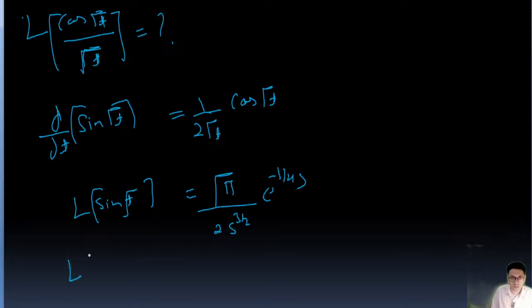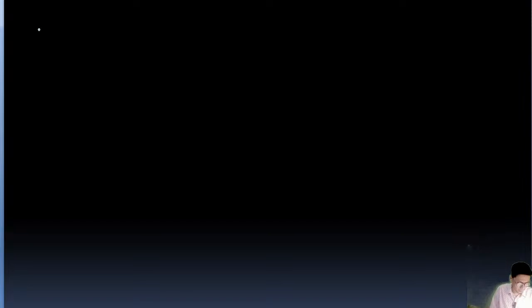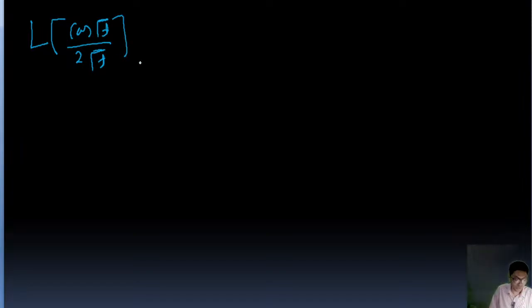Now the Laplace transform of f dash t, the differentiation of this. f dash t is going to be cos root t upon 2 root t. So the Laplace transform of cos root t upon 2 root t is going to be s F(s) minus f(0).